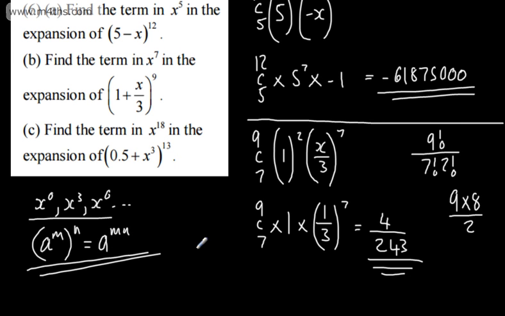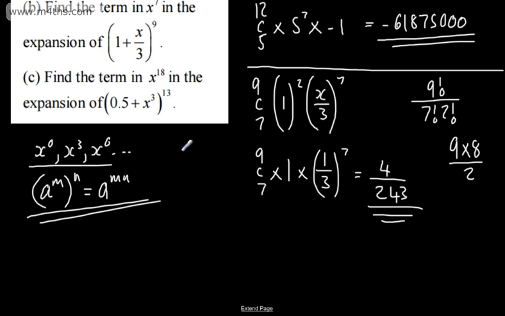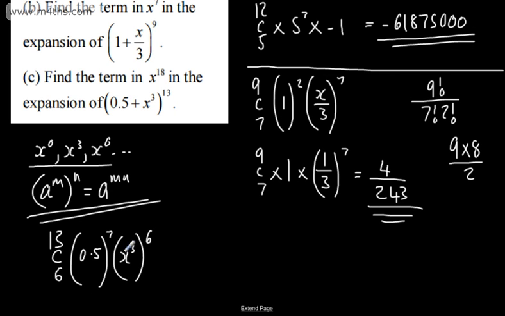So what I need here is the 7th term, or we can write that this is 13C6. That means that I'm going to have 0.5 or 1/2 to the power of 7. Then I'm going to have my x cubed to the power of 6. You can now see that this term is going to give me x to the 18th.